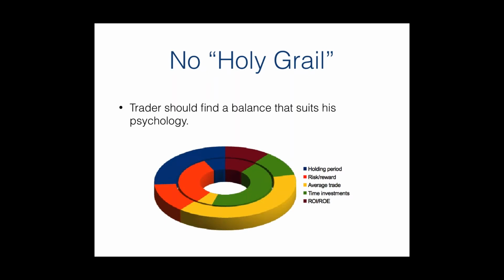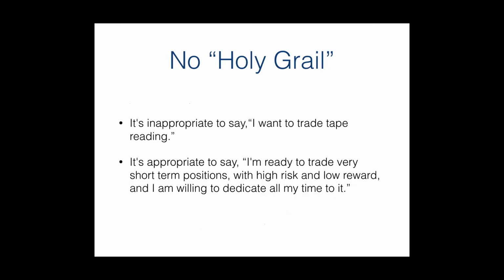Even in case he prefers systematical trading methods, psychology is something that at certain point may prevent him from following his own strategy. And as we can see here, there are different proportions between the factors that we have just observed. For example, it is inappropriate to say, I want to trade tape reading, for example.